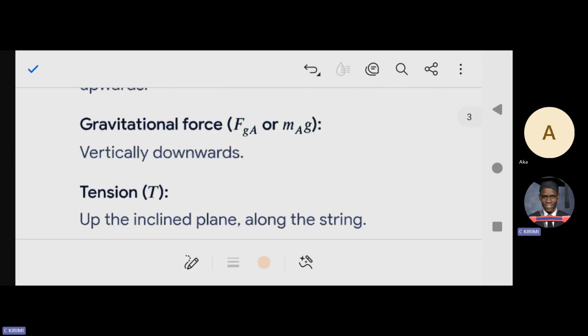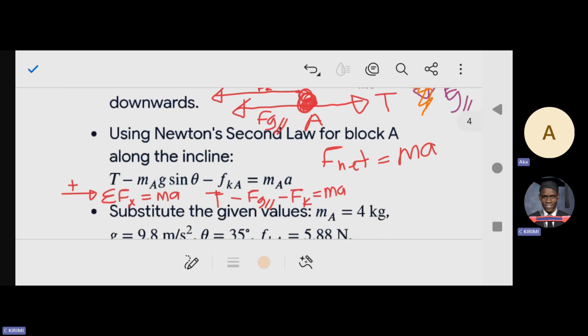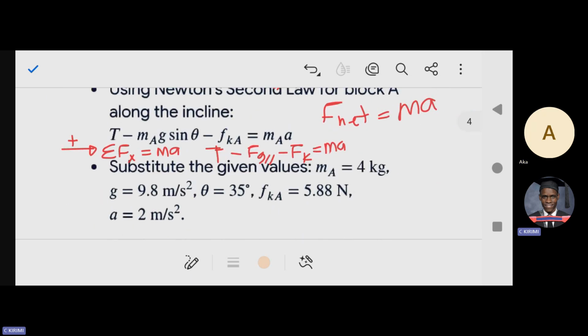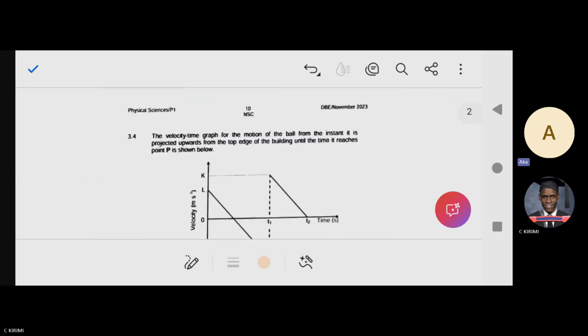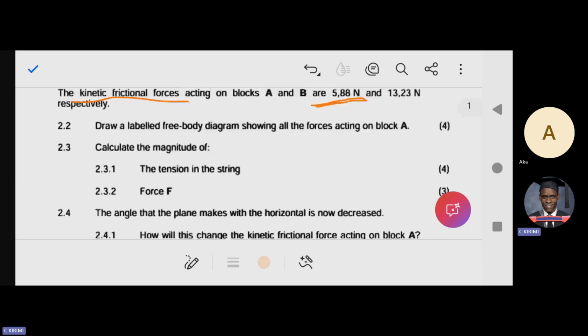So here, where we are saying FkA, the kinetic friction, we are going to put negative 5.88. Then Fg parallel will be mg sine 35, mass times acceleration due to gravity. The question is looking for tension. That's what we are calculating.